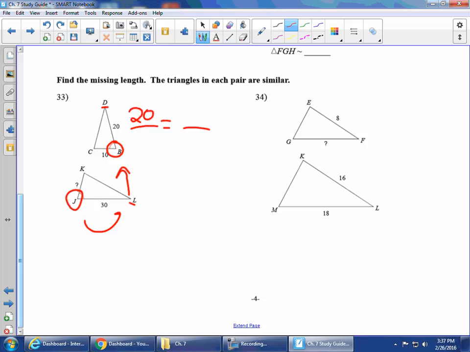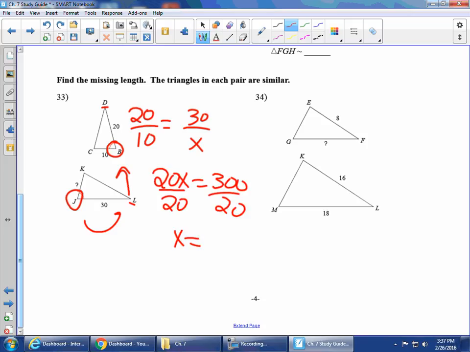So 20 over 10 is equal to 30 over X. Cross multiply. Do some division. Voila, answer.